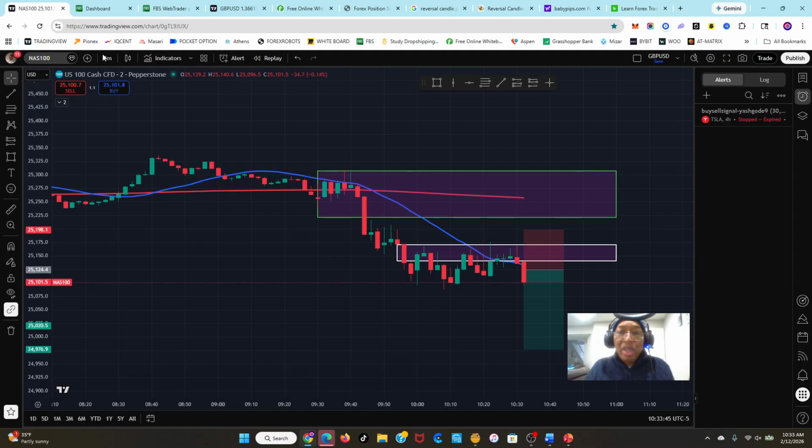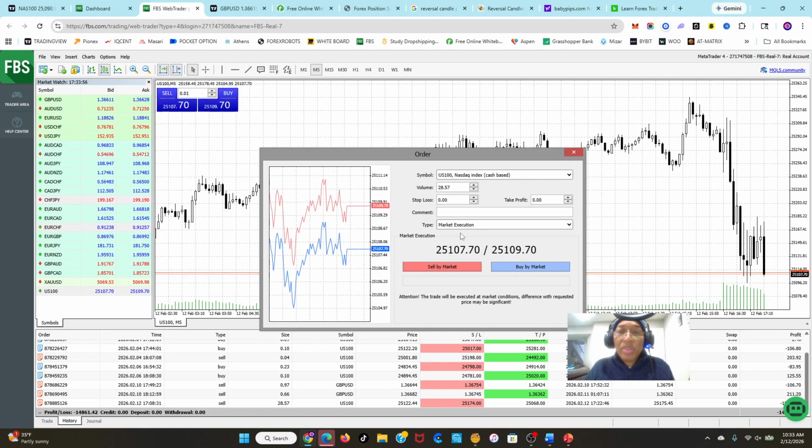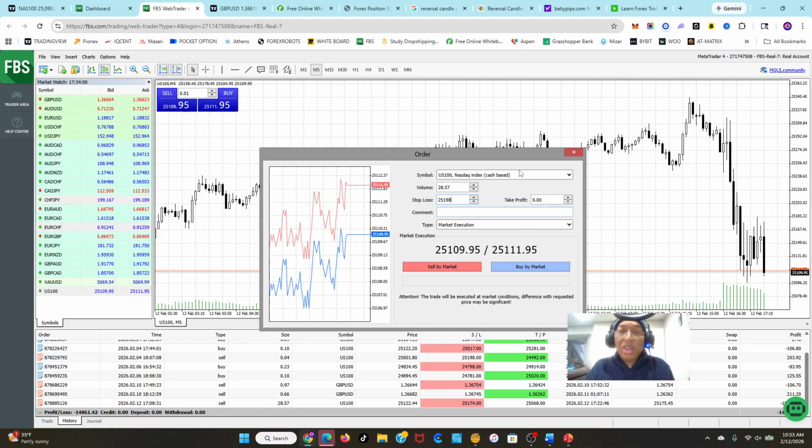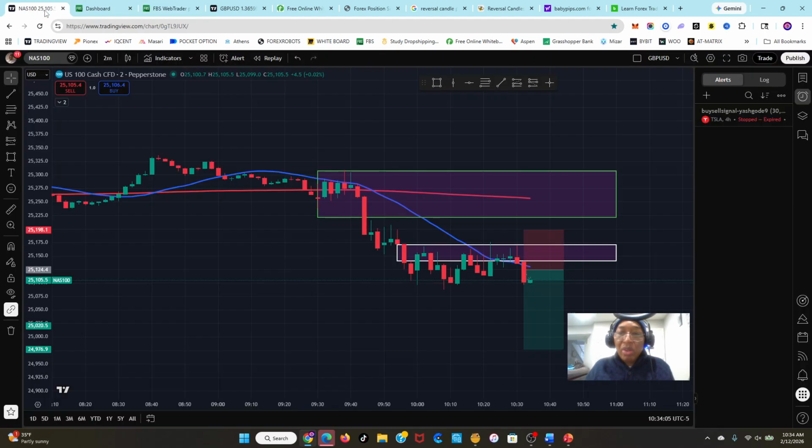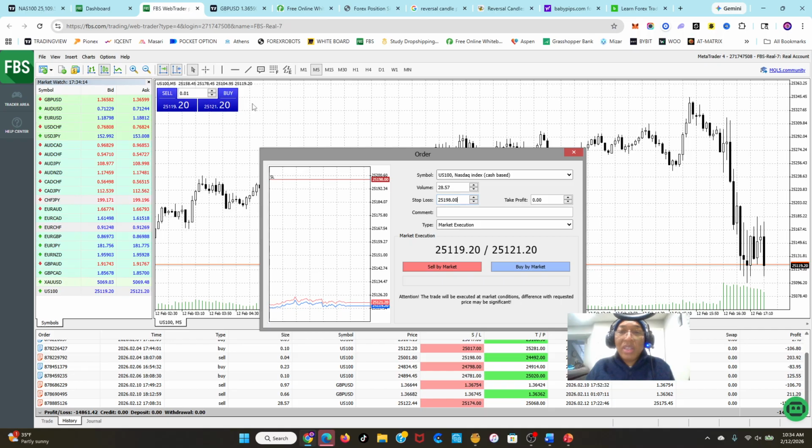Our stop loss is above. We're going to use the initiation candle stop loss there, 25,198, and our take profit this time is going to be way further down. The way it looks, we're going to go to 24,976.